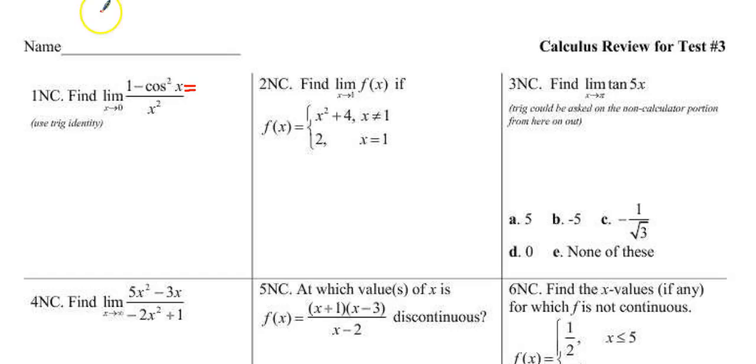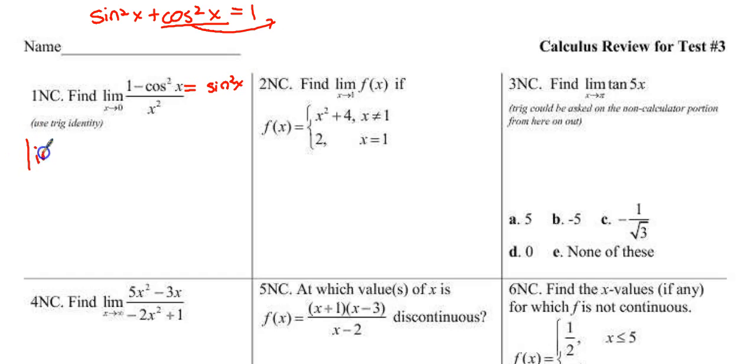Hopefully you remember that sine squared x plus cosine squared x equals 1. You need to commit that to memory from pre-cal, and we'll actually use that. So if we were to move this cosine squared x to the other side, 1 minus cosine squared x is sine squared x.